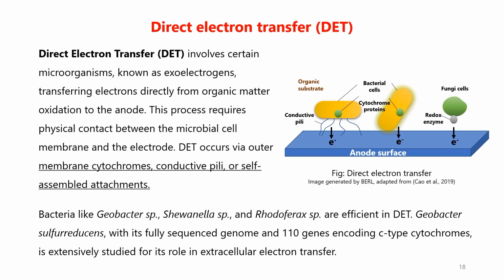Bacteria like Geobacter species, Shewanella and Rhodoferax are efficient in direct electron transfer. Geobacter sulfurreducens, with its fully sequenced genome and 110 genes encoding C-type cytochromes, is extensively studied for its role in extracellular electron transfer.